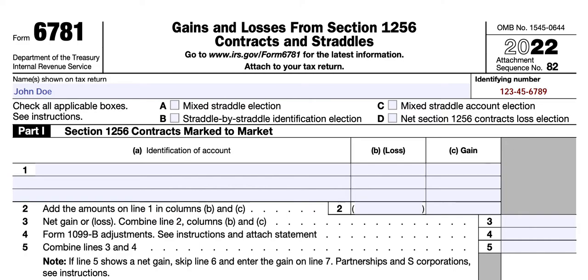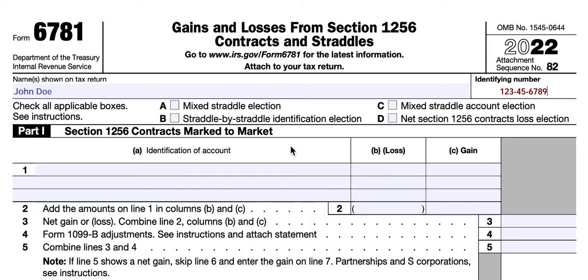Under the mark-to-market rules, each contract held at the end of the year is treated as if it were sold at fair market value on the last business day.